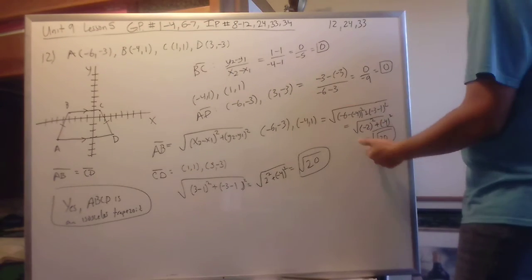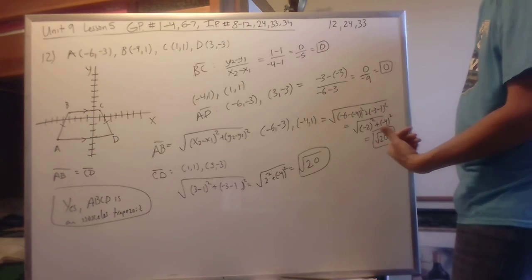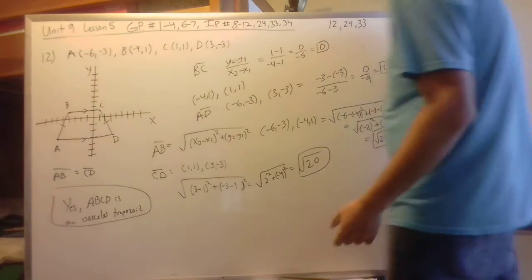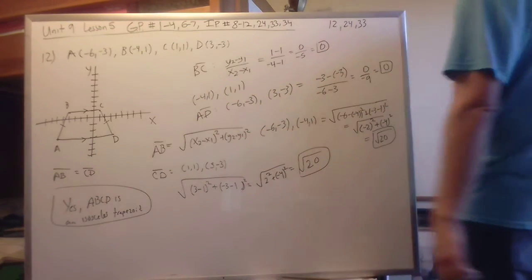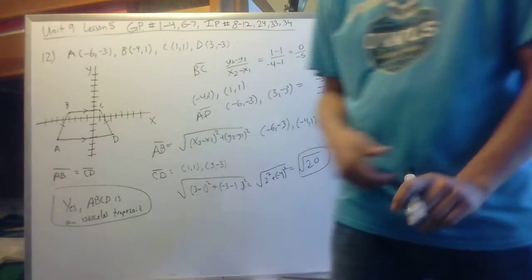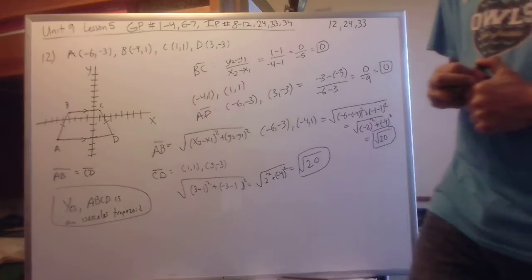When we found that the lengths are both the square root of 20, we determined that they were congruent. We found it using the distance formula, which told us the distance of A to B and C to D. So that is problem 12.